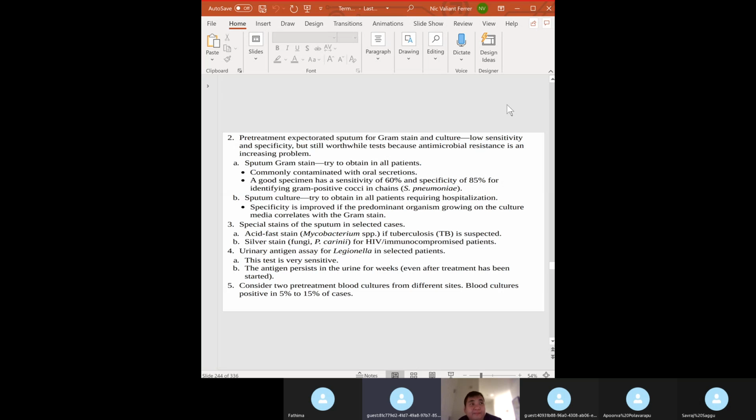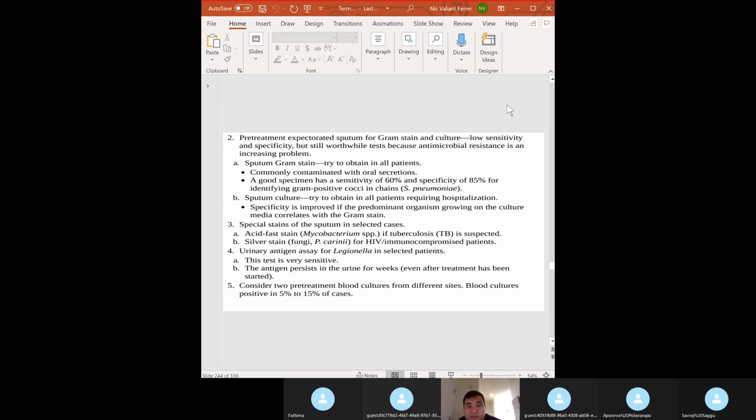Klebsiella. In immigrants, tuberculosis. Excellent, tuberculosis. Nursing home residents, Pseudomonas aeruginosa.